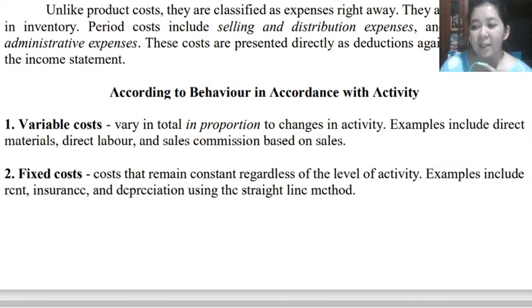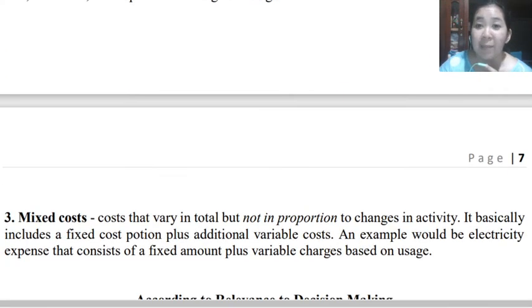So in this case, the portion of fixed cost under that example is only 1 million. The next 20,000 units will be variable cost already because fixed cost is only until 100,000 units. Okay, so that is what we mean later on by our mixed cost.